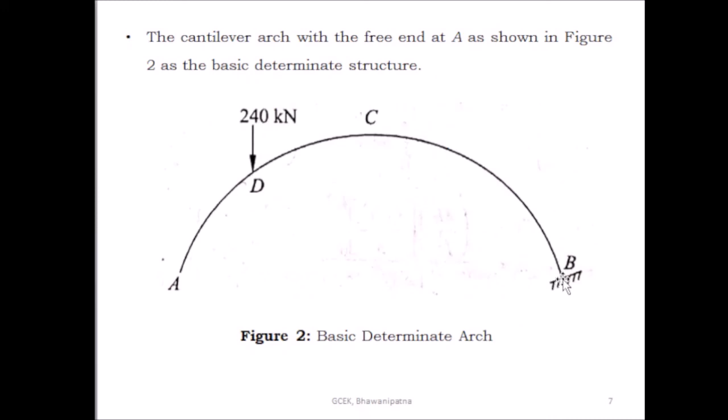At support B, the moment due to external loading is 240 into the perpendicular distance, which is 24. So the moment due to the external loading at support B is equal to minus 240 into 24.